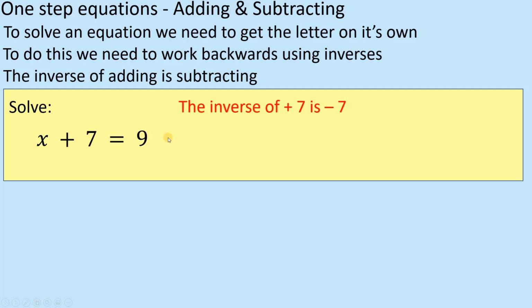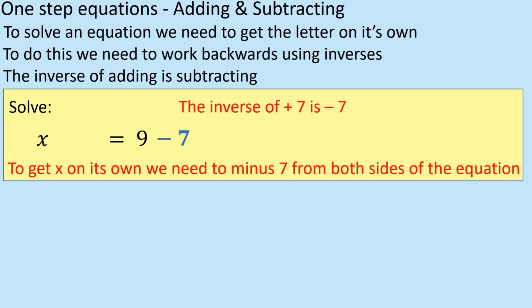You'll see this step written down where the plus 7 goes across and becomes a minus 7. We're taking away the 7 from the left-hand side and therefore taking it away from the right-hand side. So you've got x equals 9 minus 7, and of course we now know that x equals 2, which many of you would have figured out already. But it's that step process that we're after.